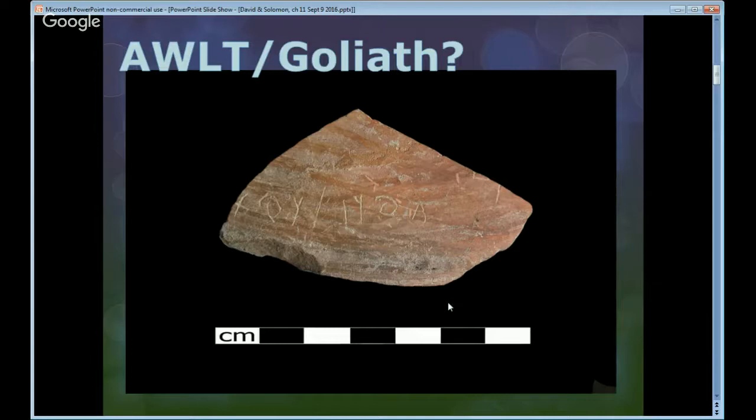And the reason that this is important is that we do find names that are similar to Goliath at this point in time. Names such as these do not appear in Israel's later history. I have often spoken regarding the phenomenon that you see throughout history where certain names excel in popularity and then they fall into disuse. That is really what we are finding here.